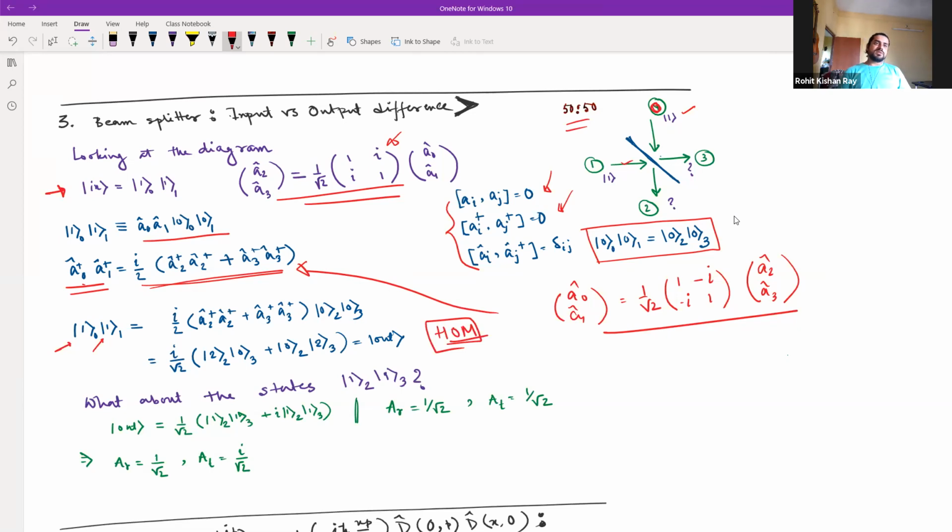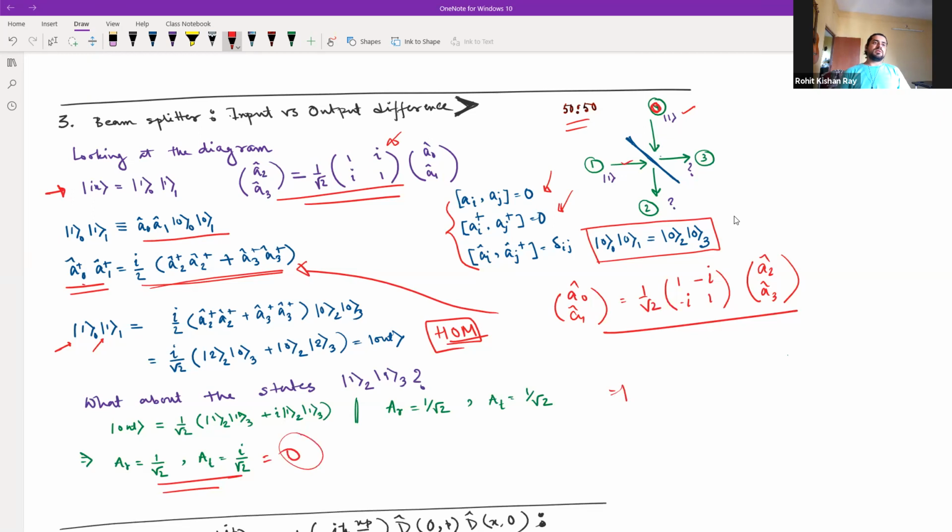But what happens for these states? Why don't we get 1-1 outputs? Because if we get 1-1 using this beam splitter matrix, you can find that the transmission and reflection coefficients sum up to 0. 1 by root 2 squared is half, i by root 2 squared is minus half, and they sum up to 0, whereas they should sum up to 1.